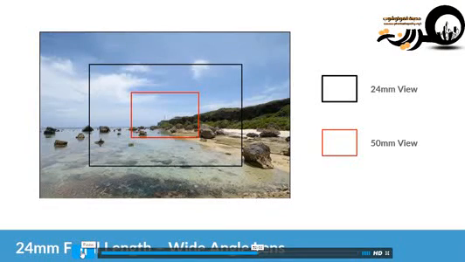Here, the view from the camera with a 24mm lens is represented by the black square. So the black square is what our 24mm lens is seeing, and the red square is what our 50mm lens is seeing. You can see the vast difference there, just how much more of the scene the 24mm lens is taking in compared to our 50mm view.